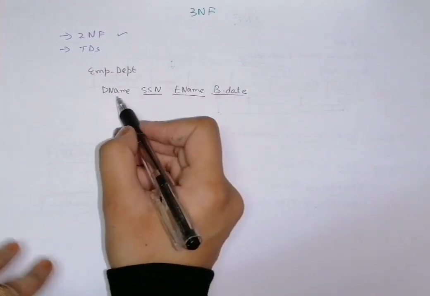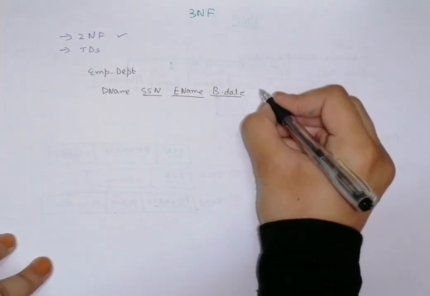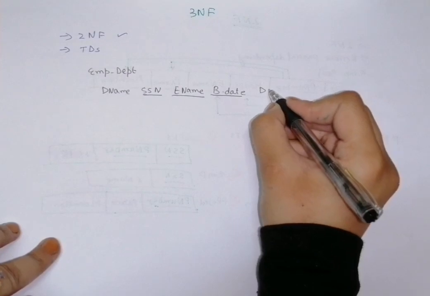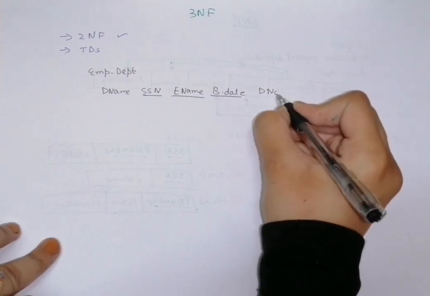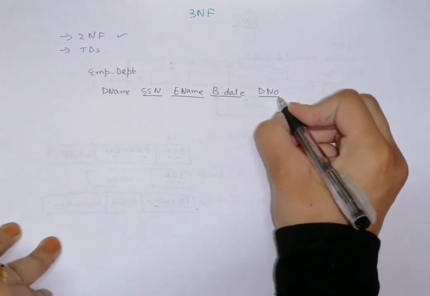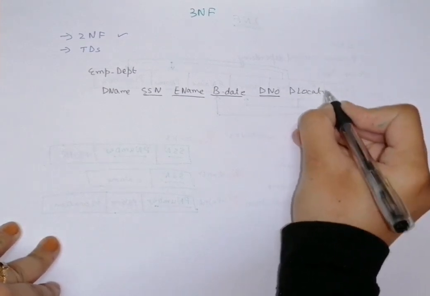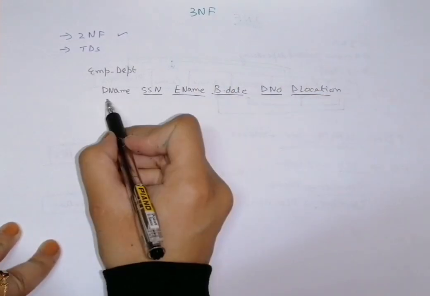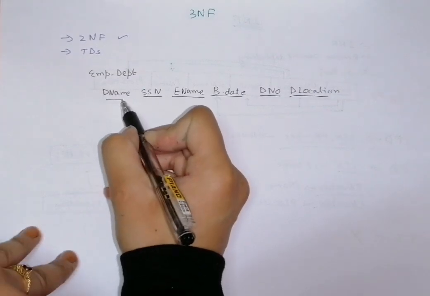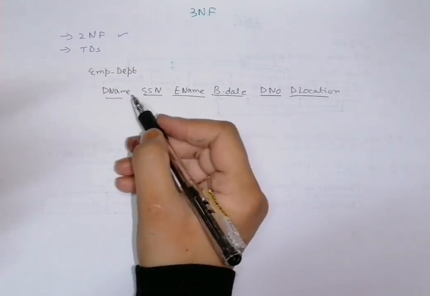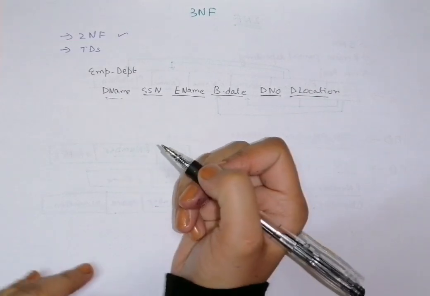Similarly, when we talk about the D name, we may add department number, which is the unique identifier of the department, and department location as well. These are the attributes that refer to different attributes of different scenarios of real life.